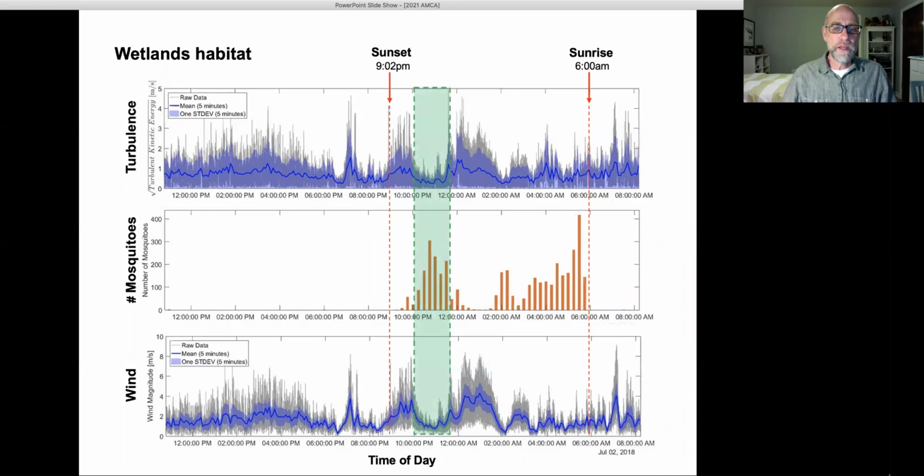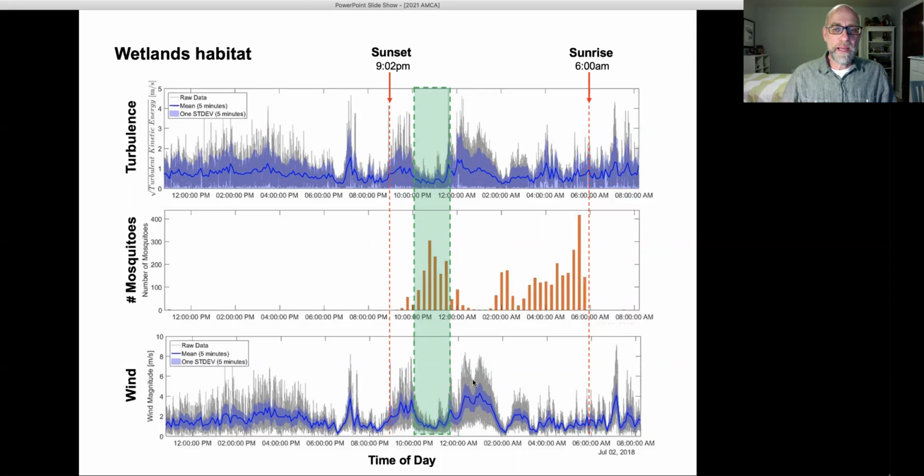Things are relatively quiet initially after sunset, but they begin to ramp up, and there's a period of trap captures. These are correlated with reduced turbulence, so a lower turbulent kinetic energy, and also a reduced wind magnitude.